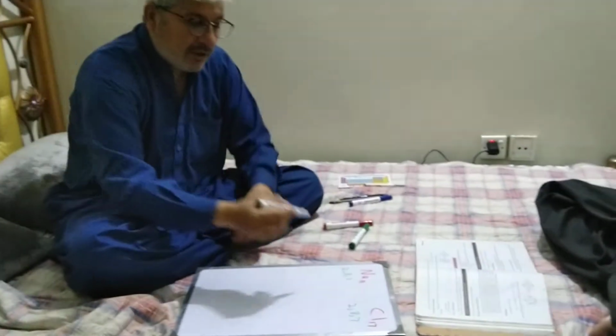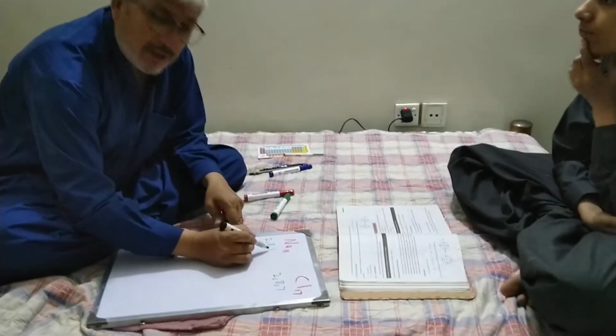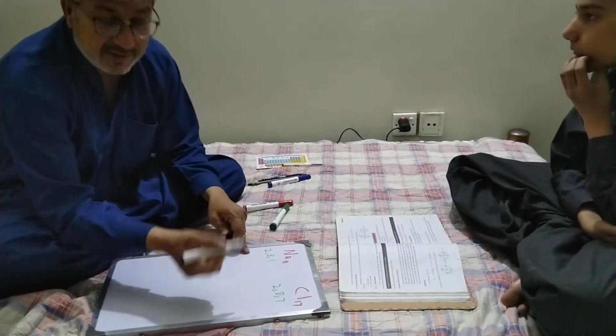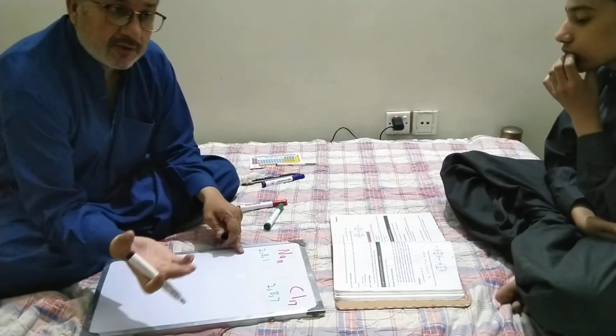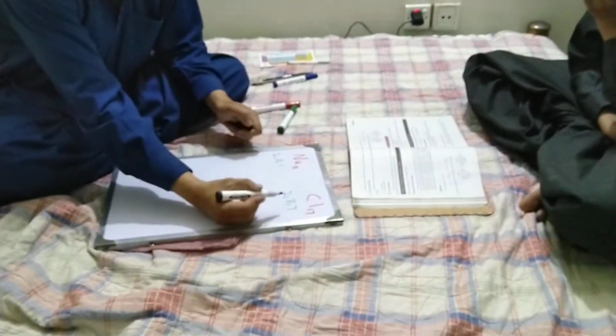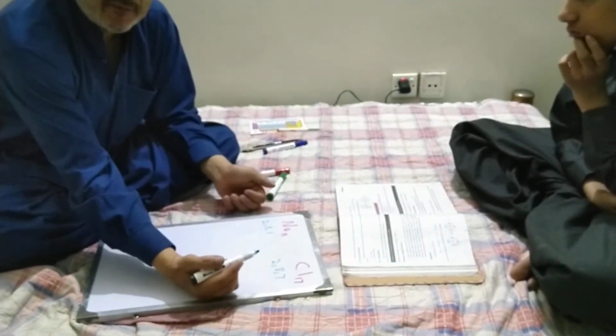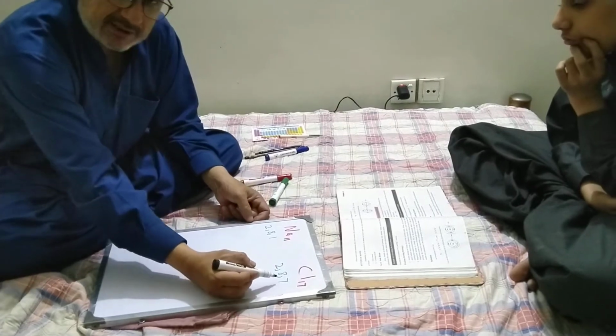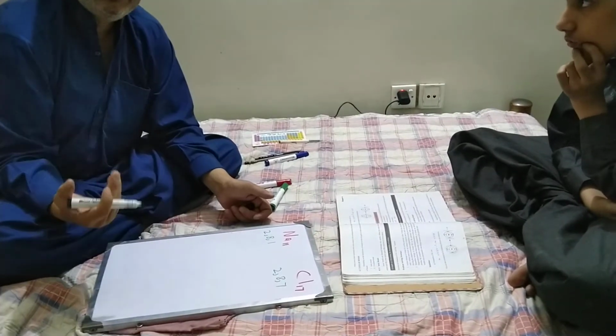Now, because sodium has one electron to lose, which is rather easy, if it gains 7 electrons, it is very difficult. On the other hand, chlorine can have the electronic configuration of 8 by losing 7 electrons or gaining 1 electron. Obviously, losing 7 electrons is difficult and gaining 1 electron is easy.